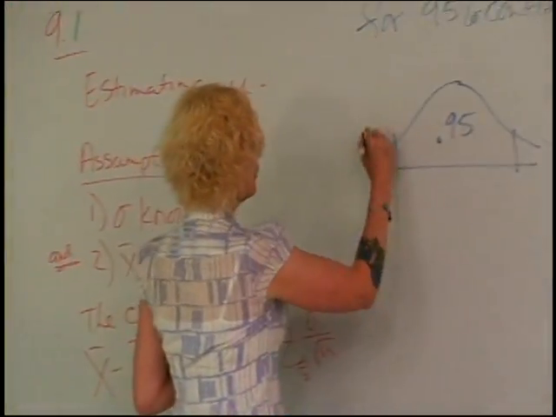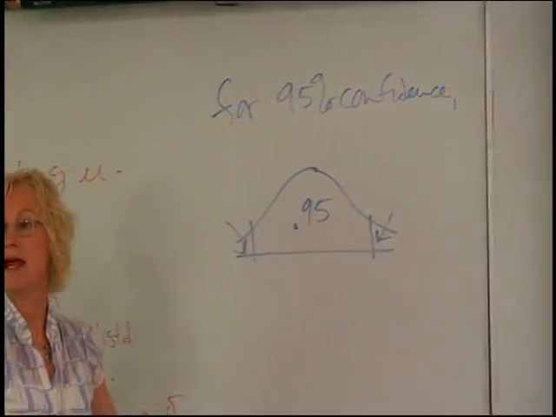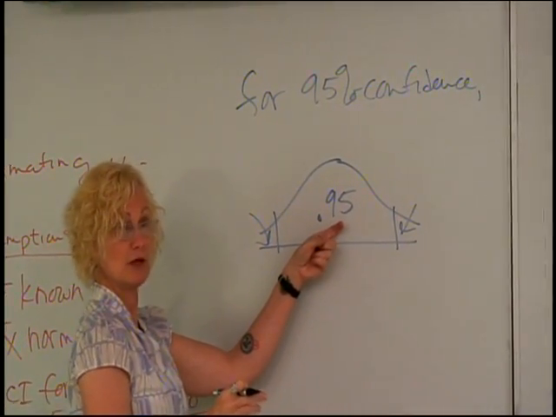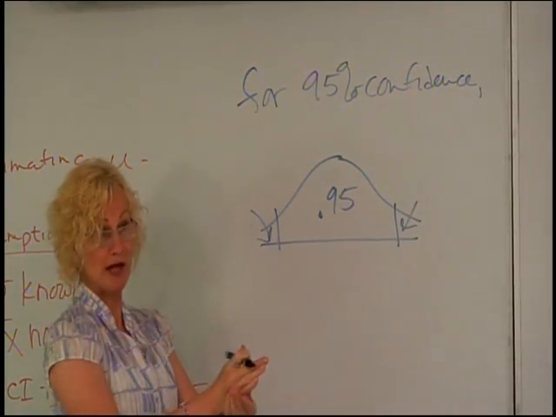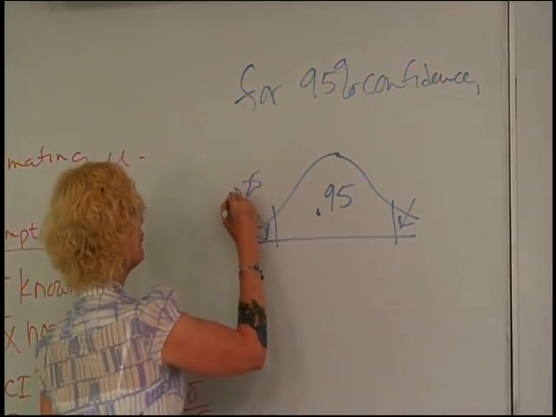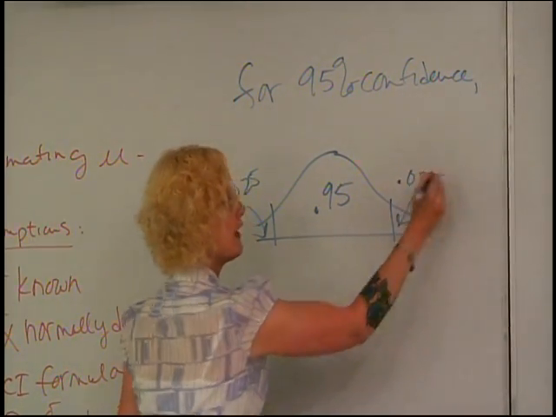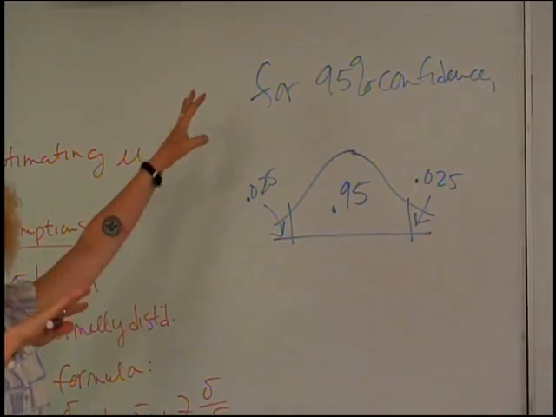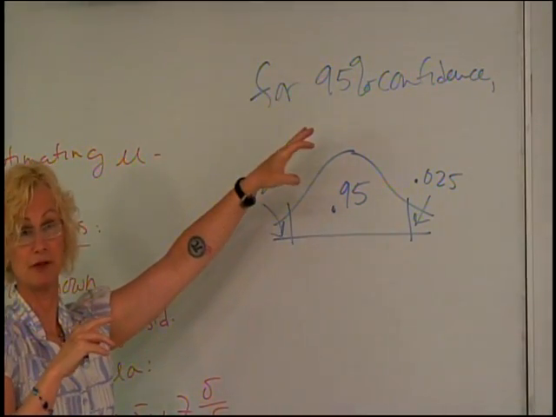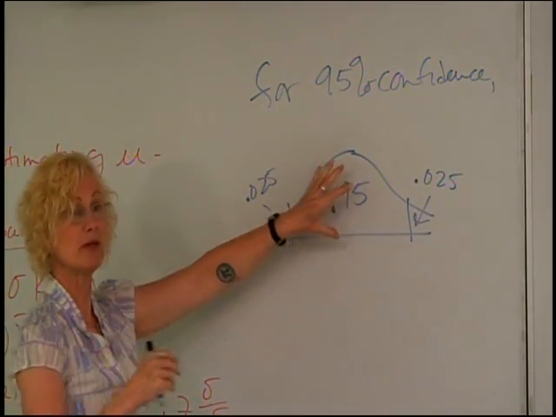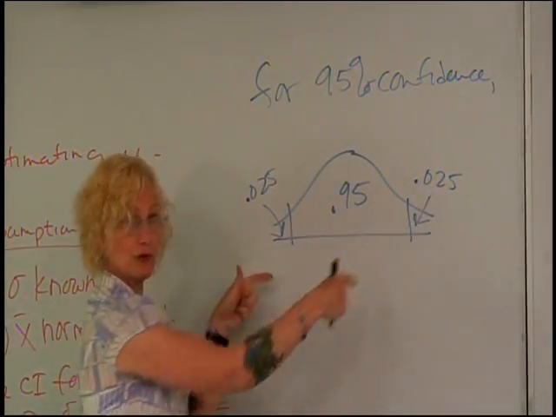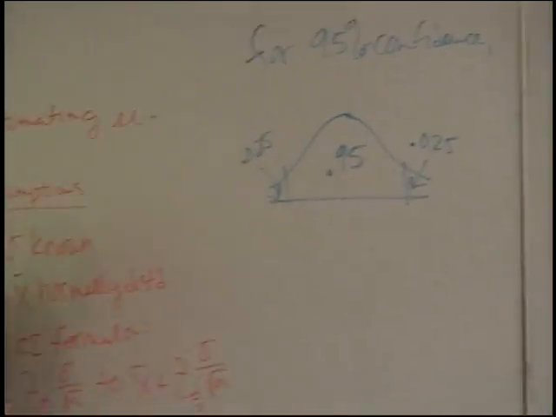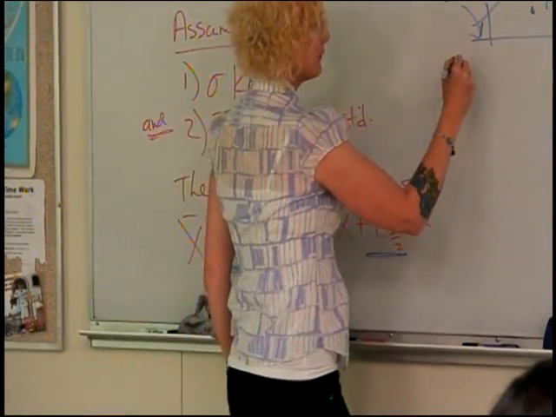You take 1, the entire area, and subtract 0.95, so you have 5% left over. Chop that in half, and you have 0.025, or 2.5%, in each tail. For you guys online, you do the same procedure for any level of confidence: confidence in the middle, subtract from 1, chop the leftovers in half, and those give you the z-scores in the formula.